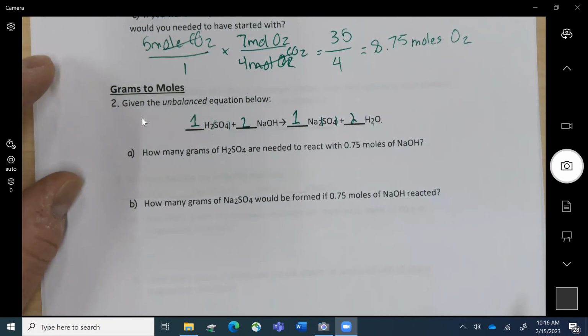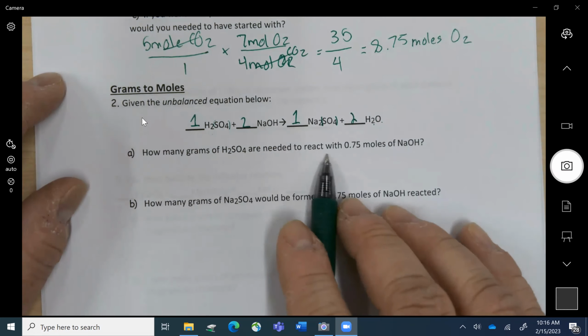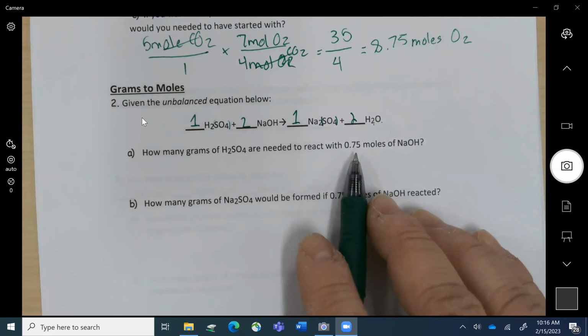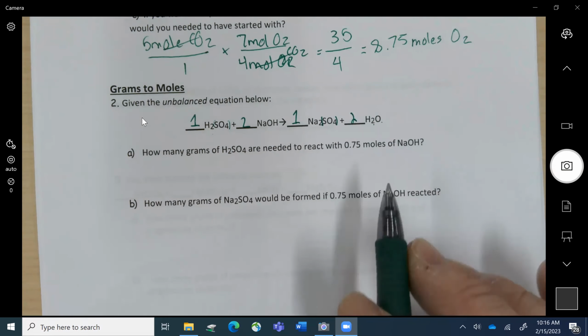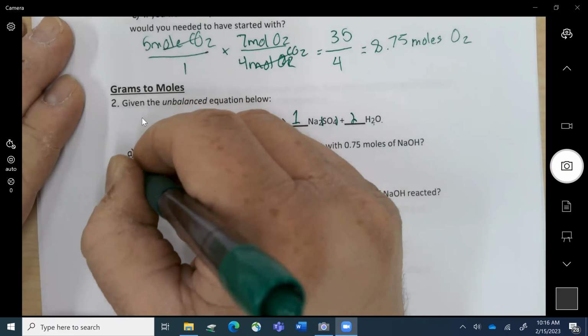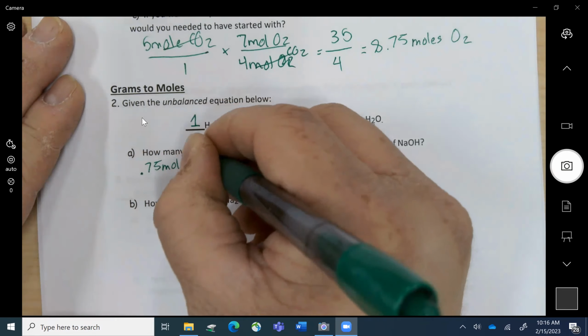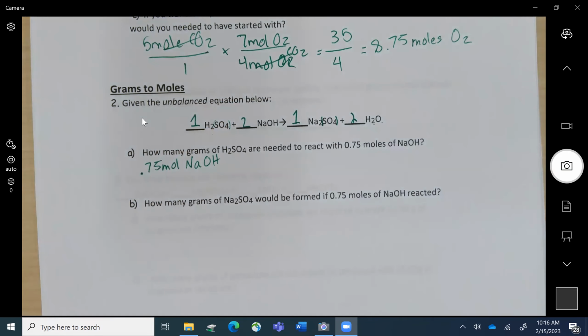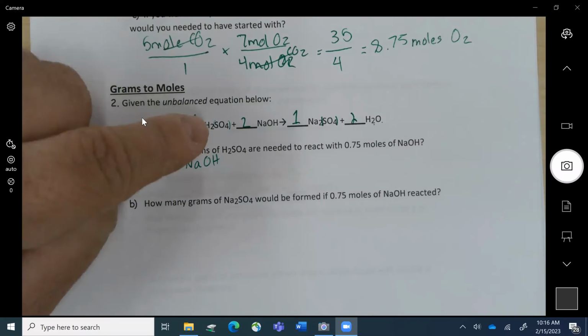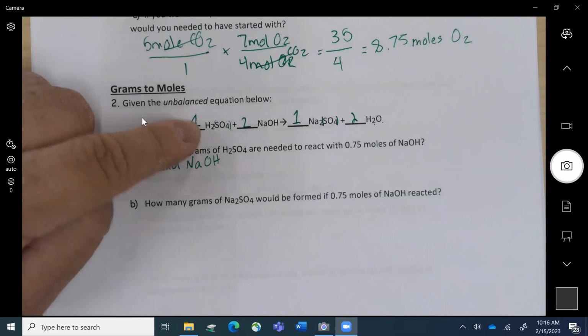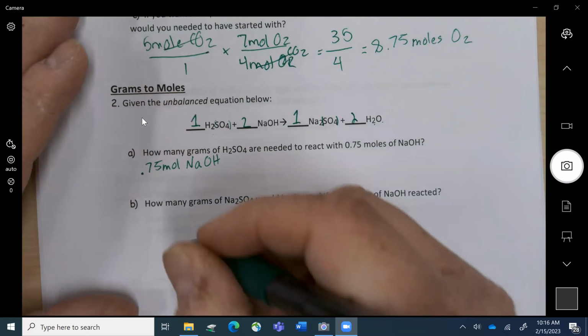Okay. So how many grams of H2SO4 are needed to react with 0.75 moles of sodium hydroxide? So we're only starting with 0.75 moles of NaOH, okay? So it wants to know how many grams of this we would need to react.